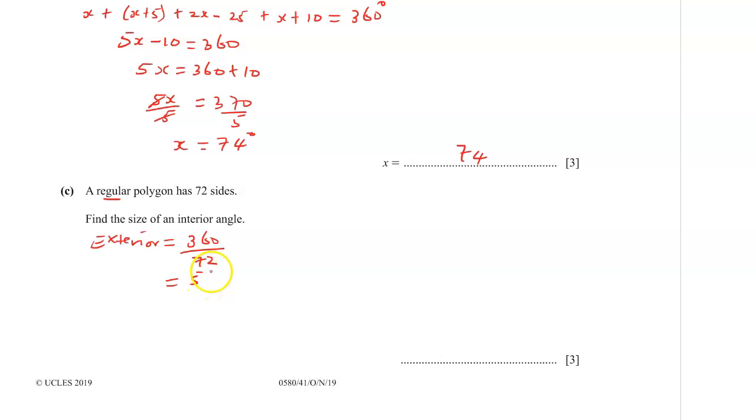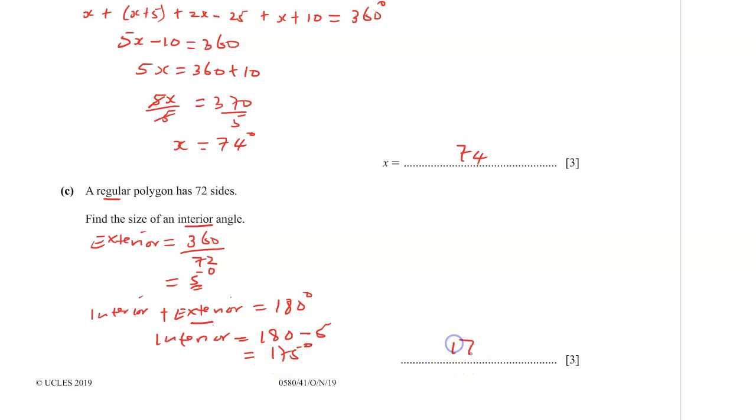So the exterior angle is 5 degrees, and we know that interior plus exterior gives us 180. So interior is equal to 180 minus 5, because exterior is 5. So the interior angle is 175 degrees.